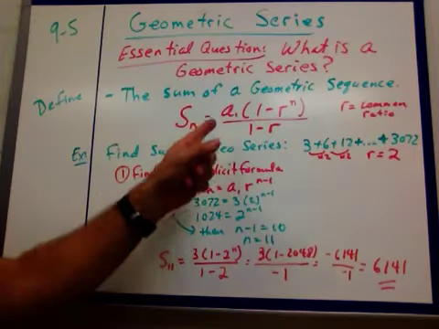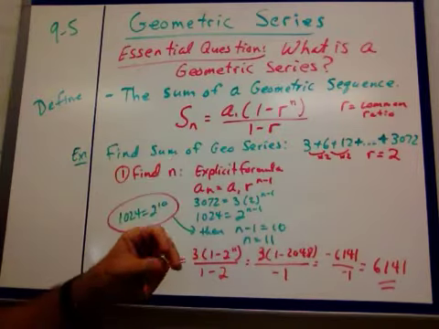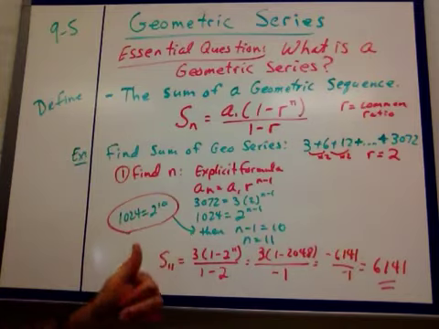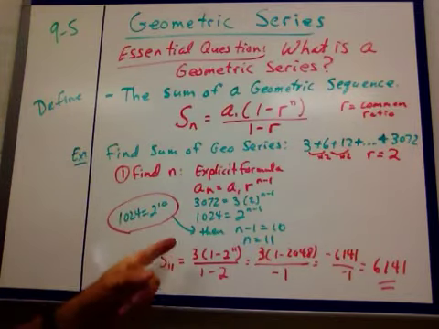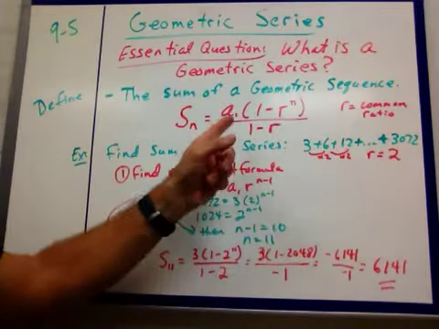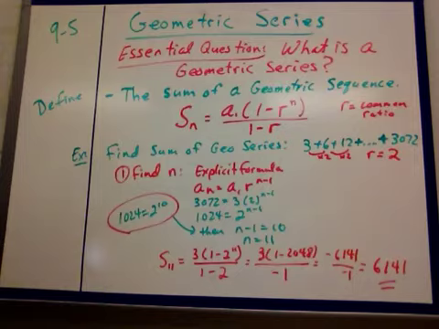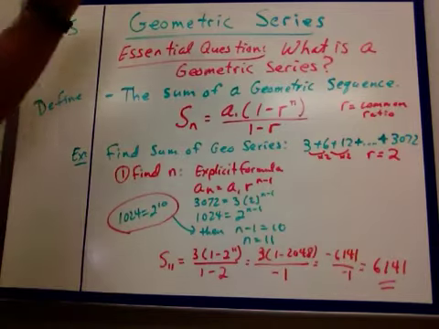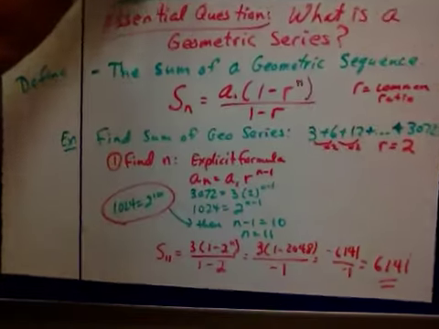Okay, so the geometric sum is right there. You've got to use the explicit formula, just like we did with the arithmetic series, to find that nth term, and then once you know the nth term, you know r, you know your first term, just plug them in. And that's please excuse my dear Aunt Sally, calculator exercise.